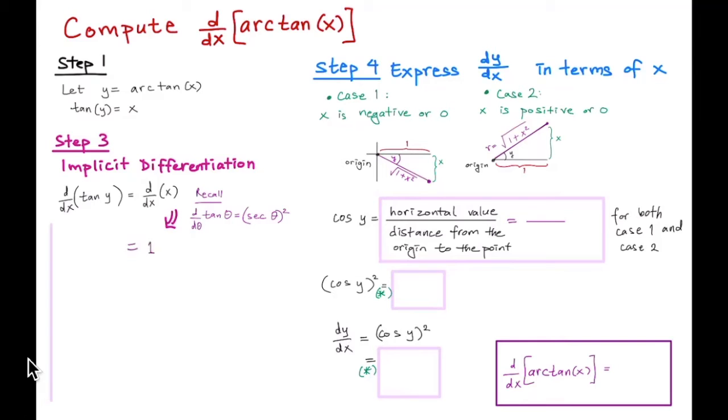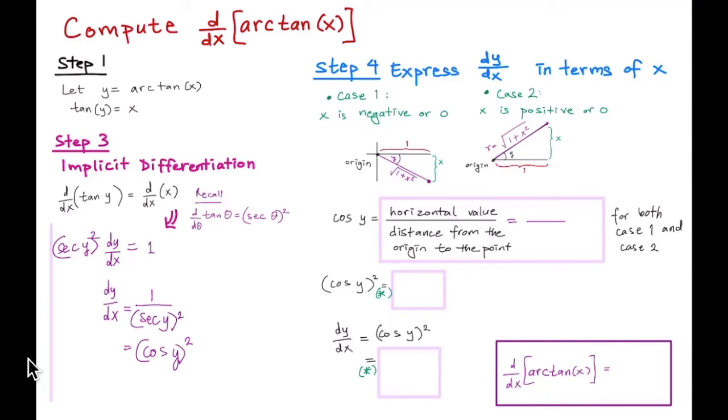On the left-hand side, I have secant y squared. And because of chain rule, I do dy dx. And I'm interested in dy dx. So I have 1 over secant y squared. And 1 over secant is cosine. So this is cosine y squared.